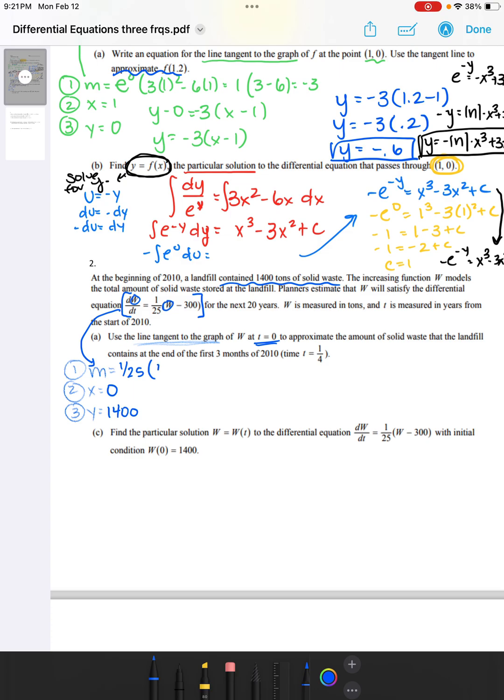So this is going to be 1,400 minus 300. When I solve for this, I'm going to have 1,100 divided by 25 to give me an answer of 44.